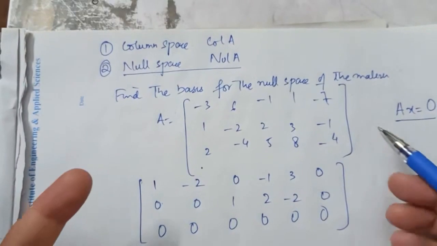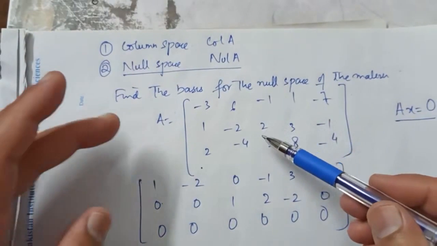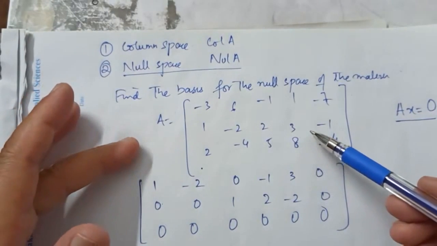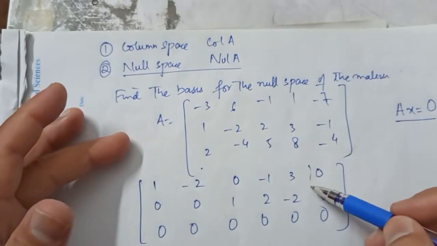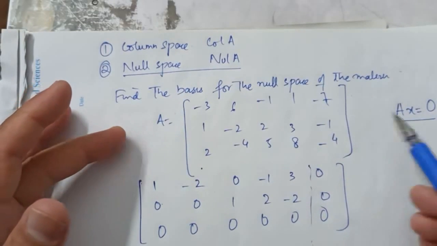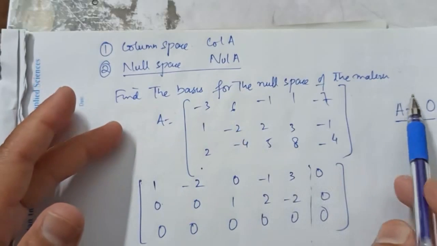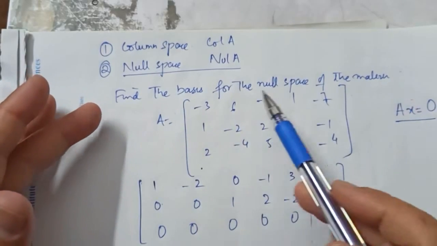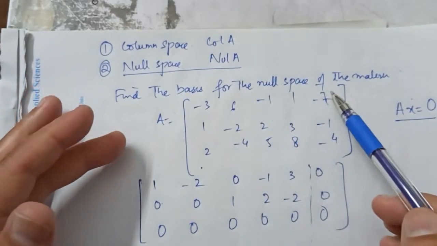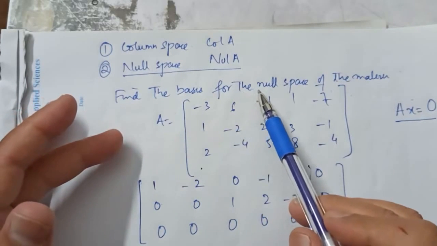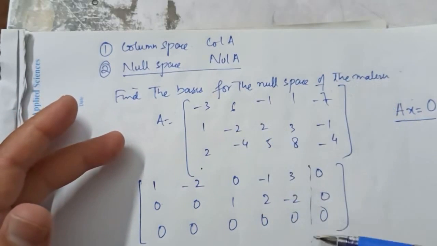How did I obtain this matrix? I had this matrix A and I augmented it with the zero vector here, because it is for the basis for the null space. You don't have to do it, but because we are defining the null space, it is important to write it here for your understanding.